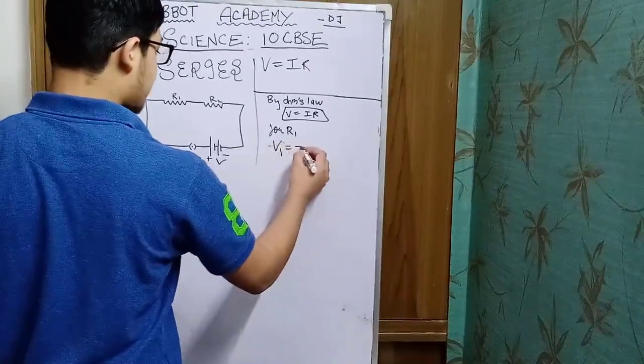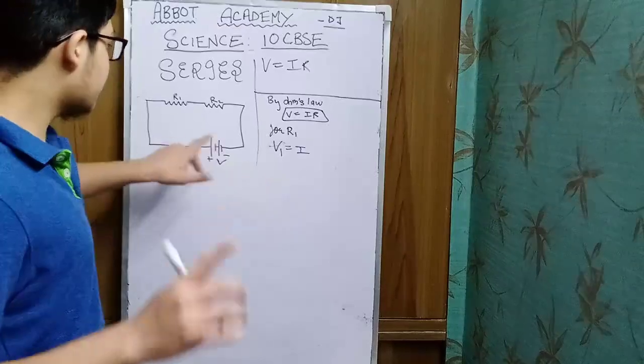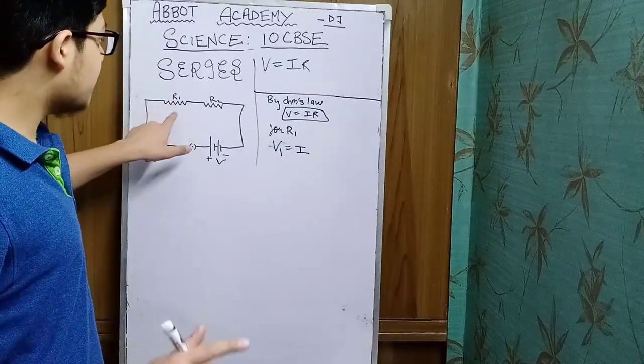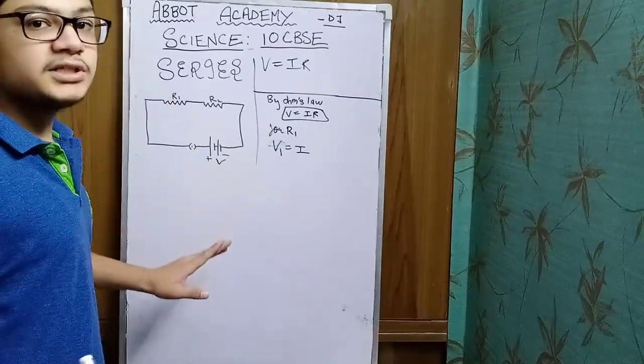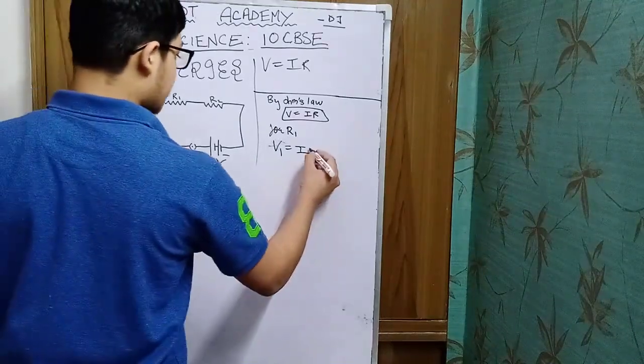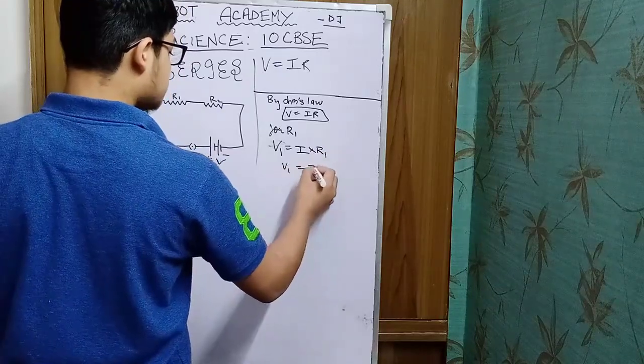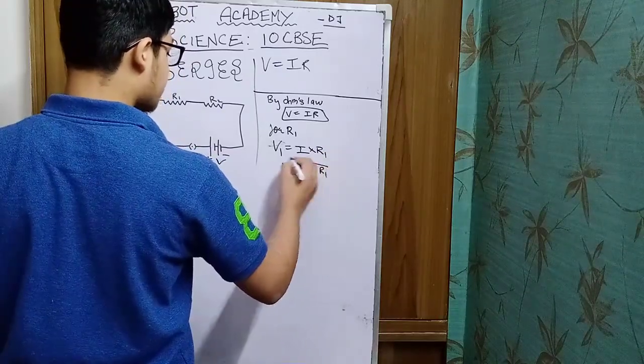V1 equals I. Now why have I written I, not I1? Because I have previously told that the current remains the same. So no change in current. We will not take I1 or I2. Only I into R1. So V1 equals IR1 simply.